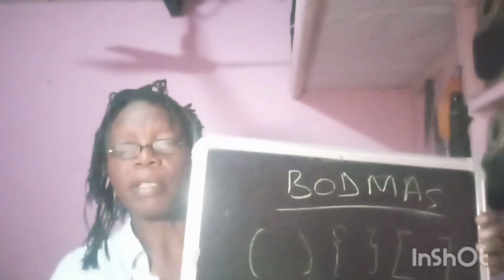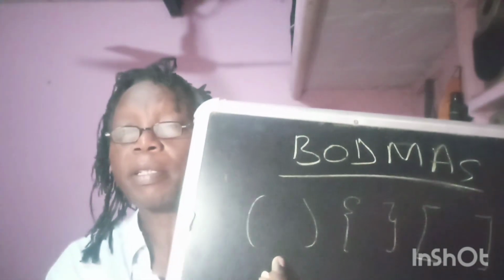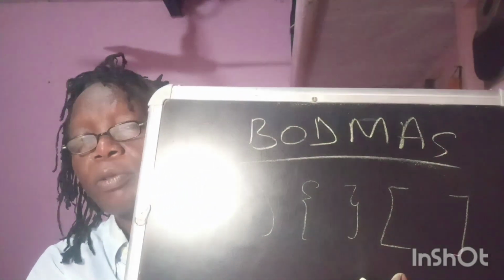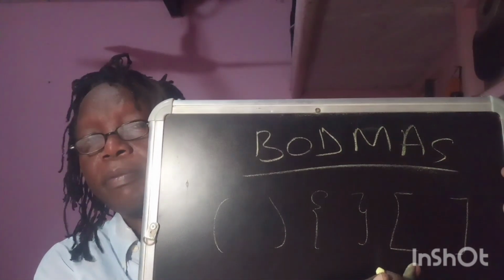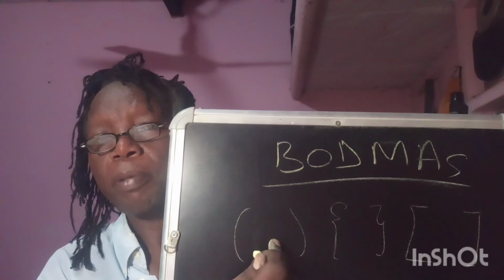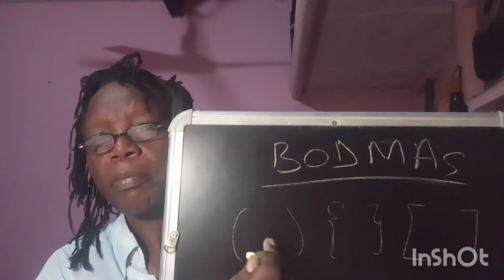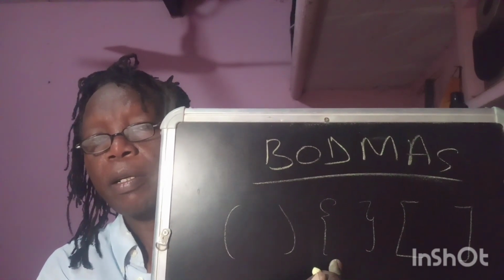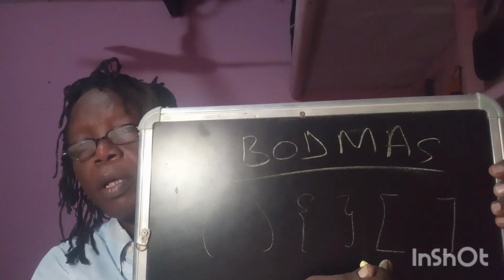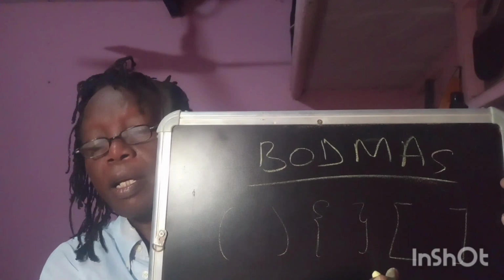In terms of priority, parentheses come first, curly braces come second, square brackets come third. So you will give priority first to parentheses, then curly brackets, then square brackets last, as you calculate from the left to the right.